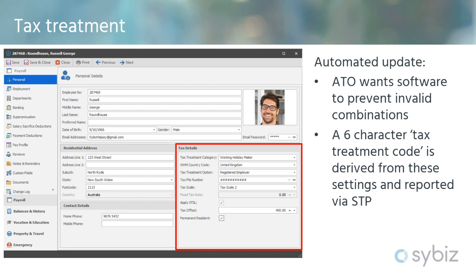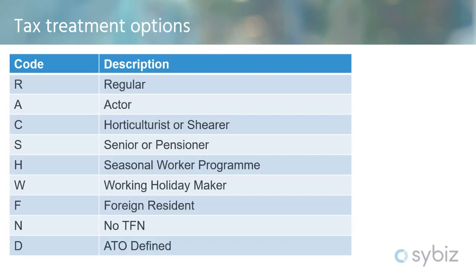Now, just on the tax treatment codes, or tax treatment options rather. What happens behind the scenes is all of these different settings come together to form a 6-digit code that the ATO uses to see the decisions that you make in terms of how you're taxing an employee.